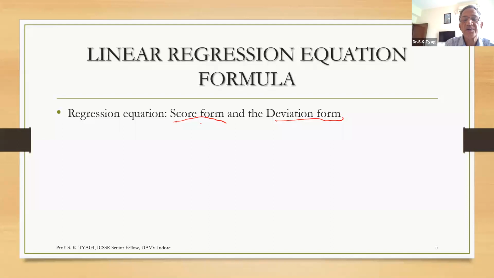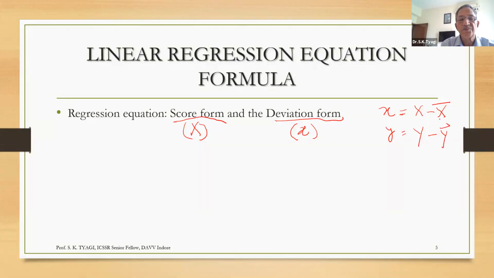Score means the score is capital X and Y, and deviation is small x. Small x is nothing but the score minus the mean of x. This is the mean of x. Because now we have two variables, x and y, we cannot use m. We are using x bar as the mean of x and y bar as the mean of y.